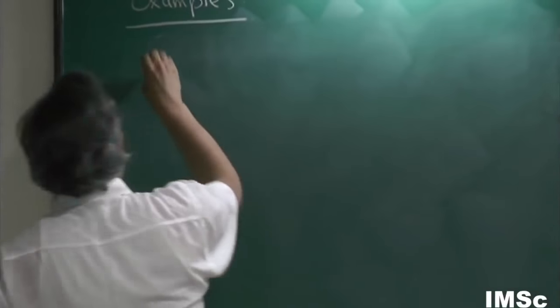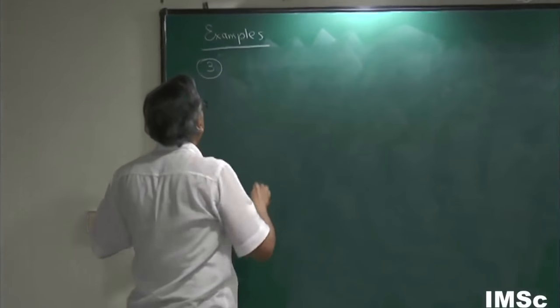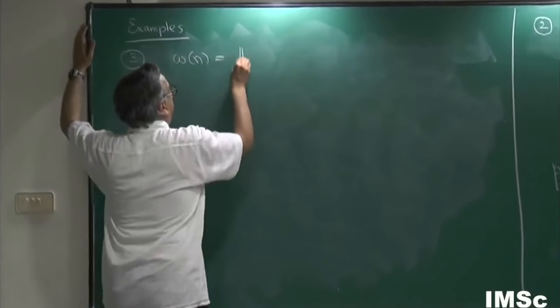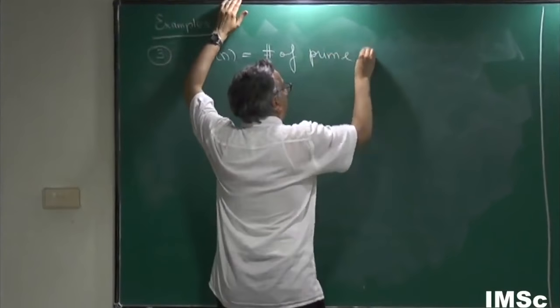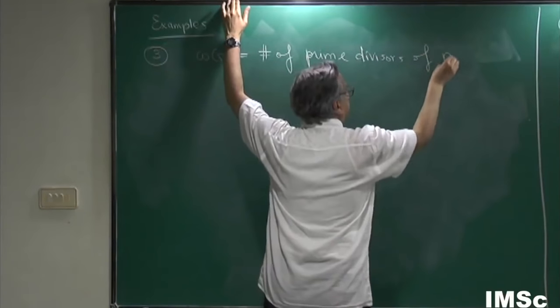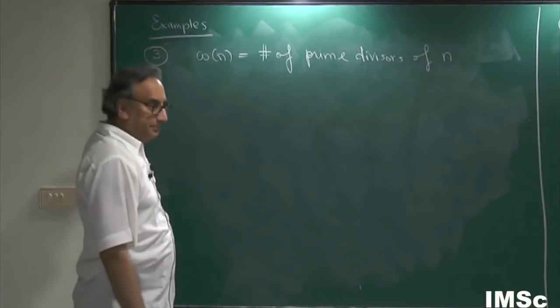Okay, let's take a third example. Let's count the number of prime divisors of n. Okay, number of prime divisors of n.